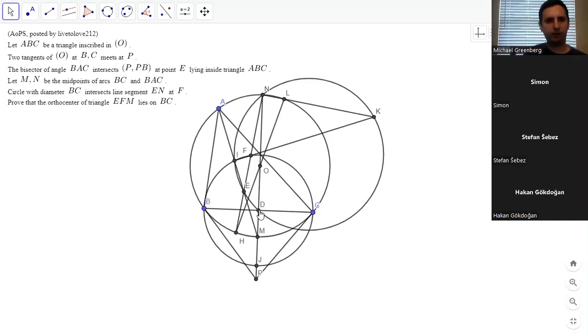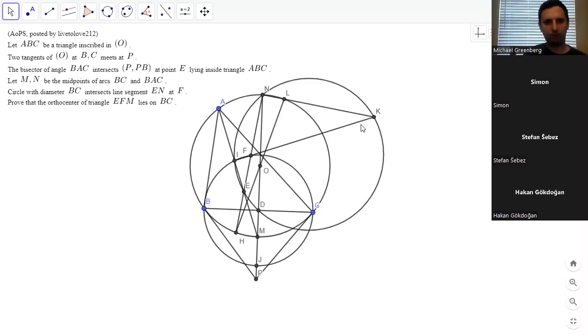So wait, D is defined. We kind of do, because we know how to define B. Then F is where BC intersects EN, and E. Okay.